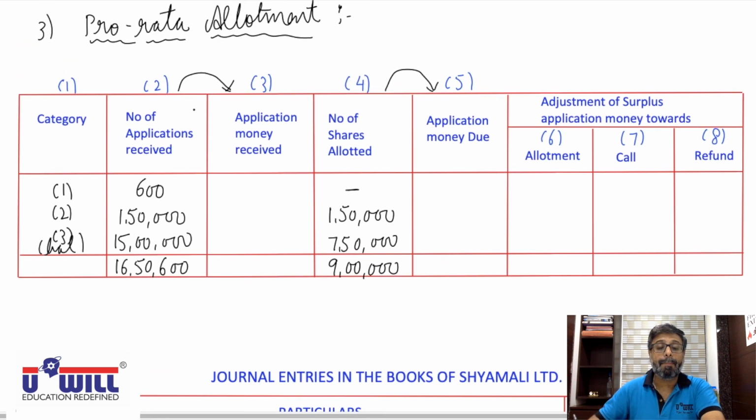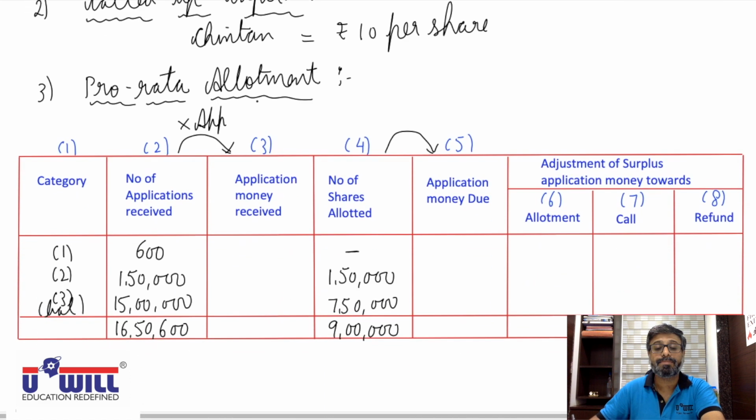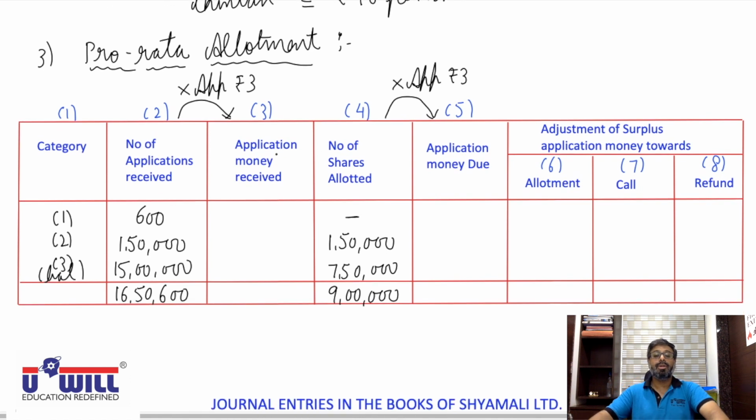Now, applications received are also to be multiplied with application money, that is rupees 3, and number of shares allotted also are to be multiplied with application money, that is rupees 3. Okay, we have done this in past questions also. Second column and fourth column both will be multiplied with application money only.